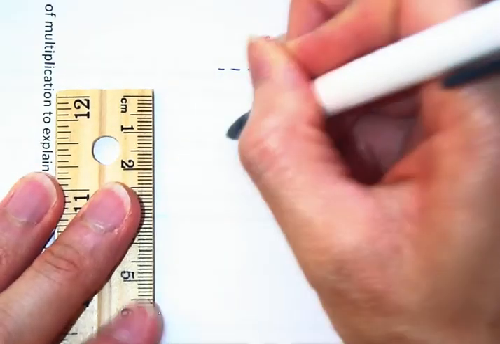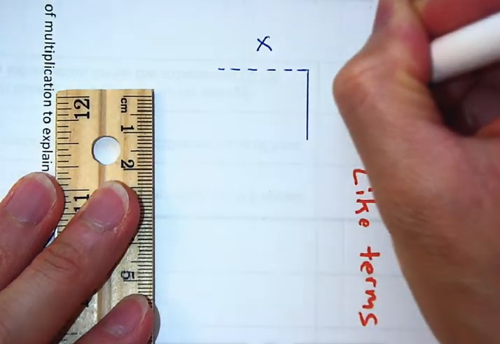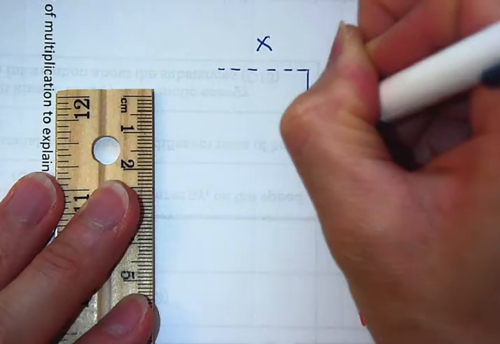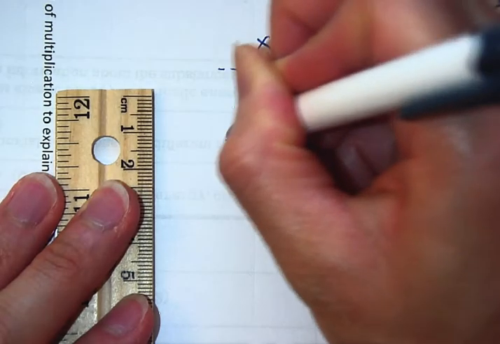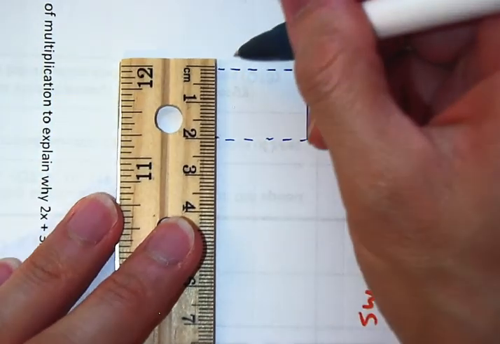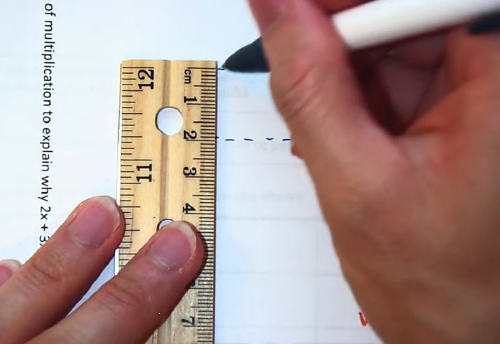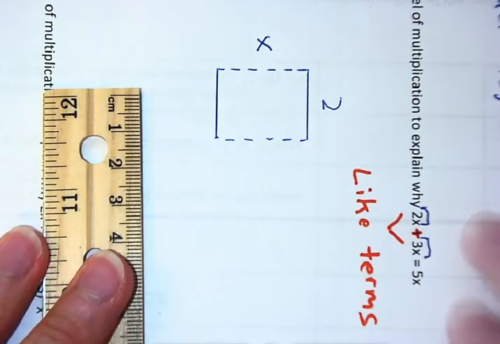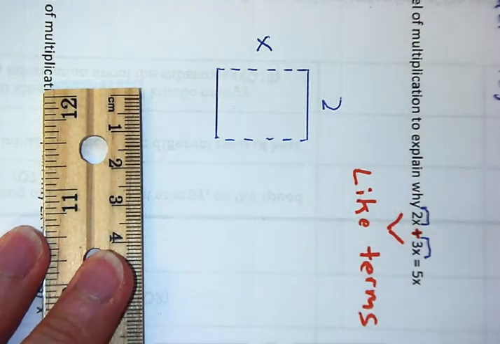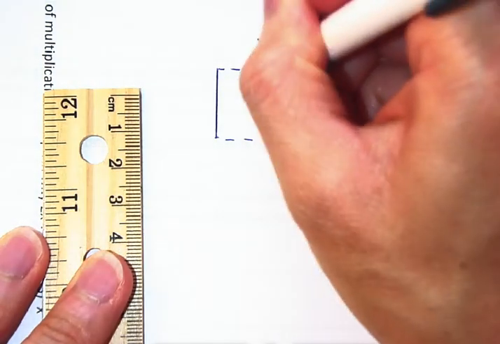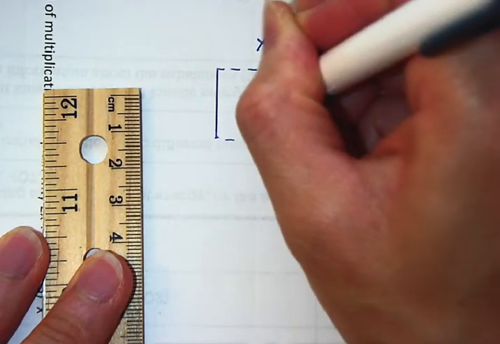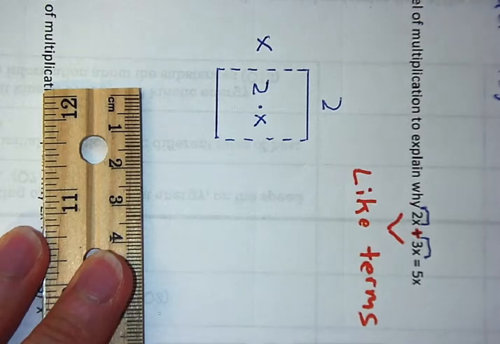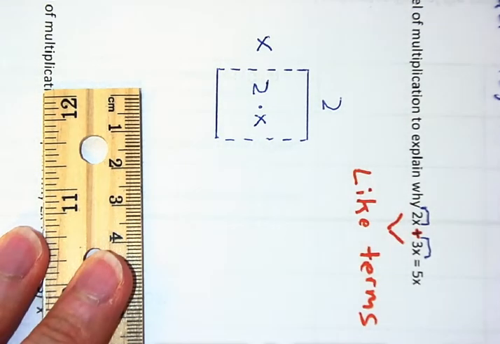This little rectangle right here is 2 on that side. Okay, so this rectangle right here represents 2 times x, which is the same as 2x.